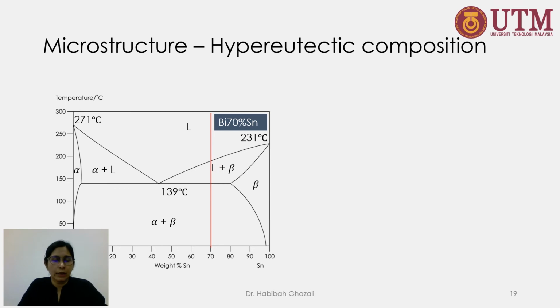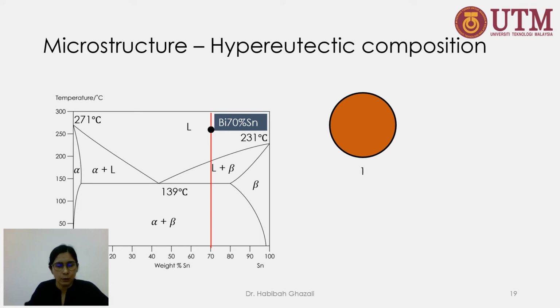Now let's have a look at the microstructure formation for the hypereutectic composition. So for this particular alloy that consists of 30% bismuth with 70% tin, above the liquidus line, everything will be liquid, the metal will be in a liquid form. And this metal consists of 70% tin with 30% bismuth.